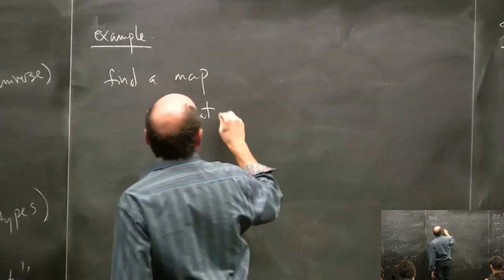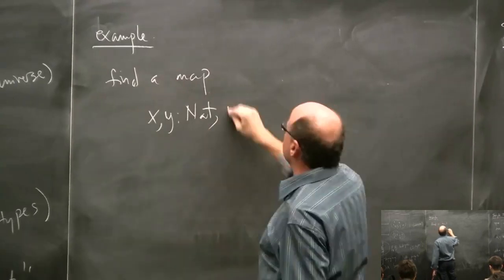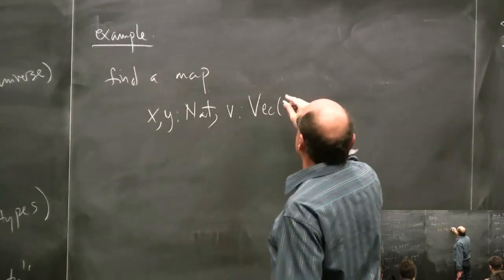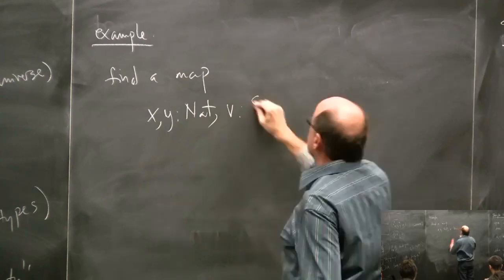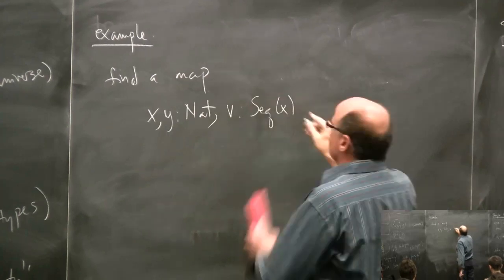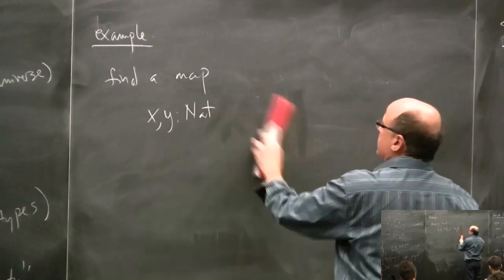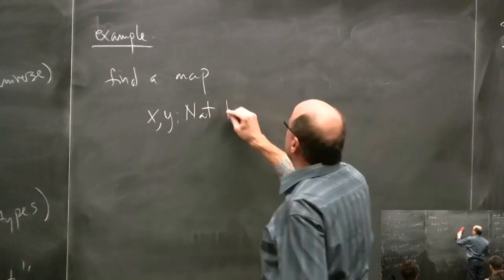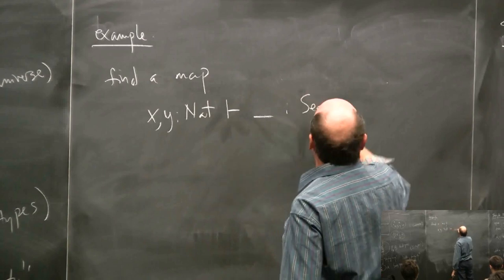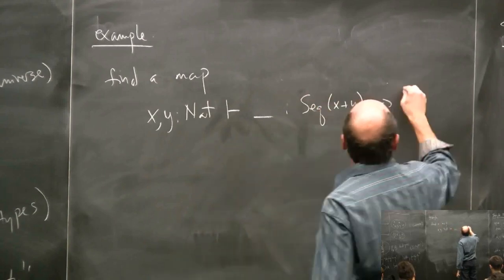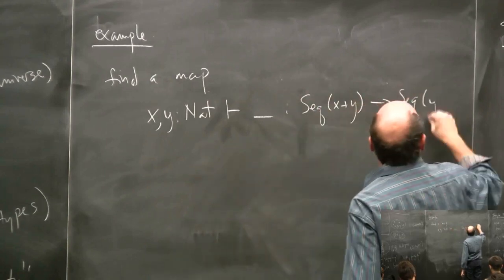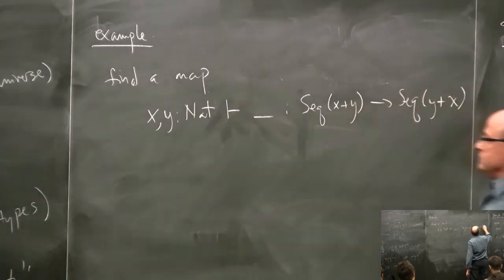If we have x, y, and nat, and assuming we have this vec we've had before, v is in vec of x, or sec of x I called it, something like that. Let's do it like this, x, y, and nat. I want to map something which goes from sec x plus y to sec y plus x.